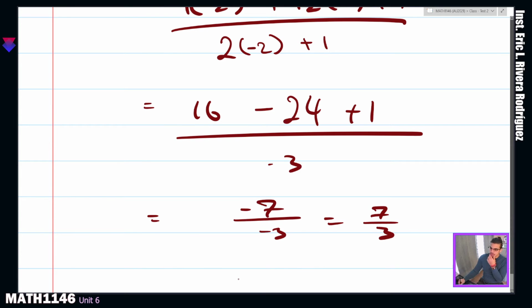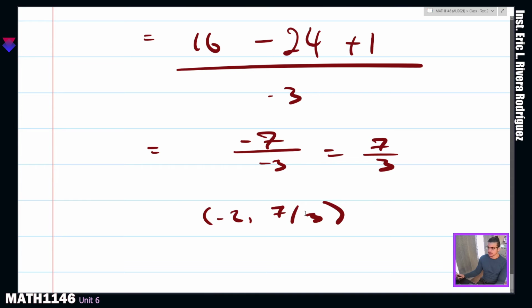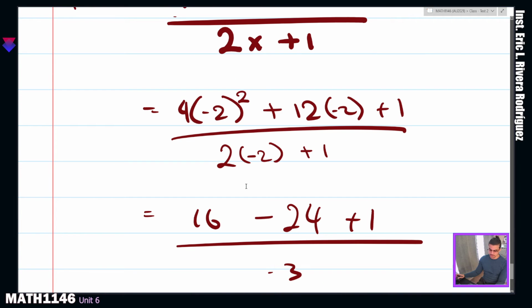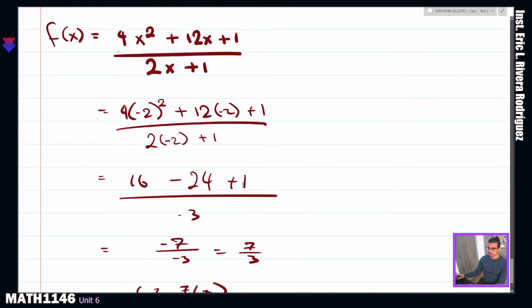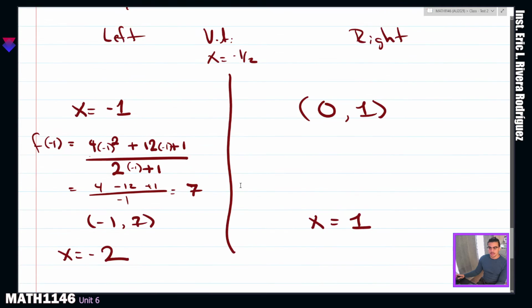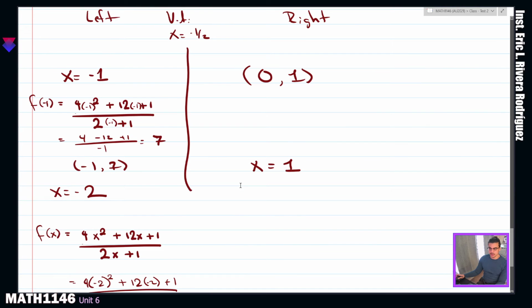So here, negative 2, 7/3. Okay. Even using negative 2, I have a y value of a fraction. It's not an ideal value for the y value, but it's better than using a number with a square root there. So those are the 2 points on the left side.